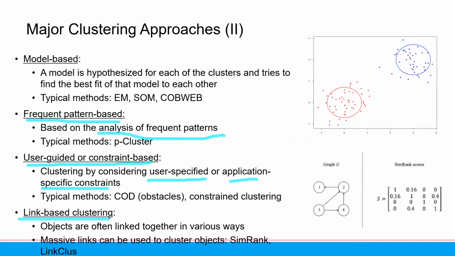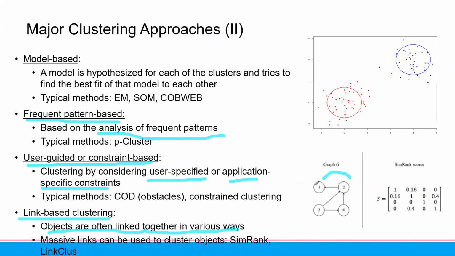Link-based clustering is based on the objects that are linked together. Let's say you have data about Facebook or Twitter, or maybe Instagram, where one person is connected to another person. Then you can have links.